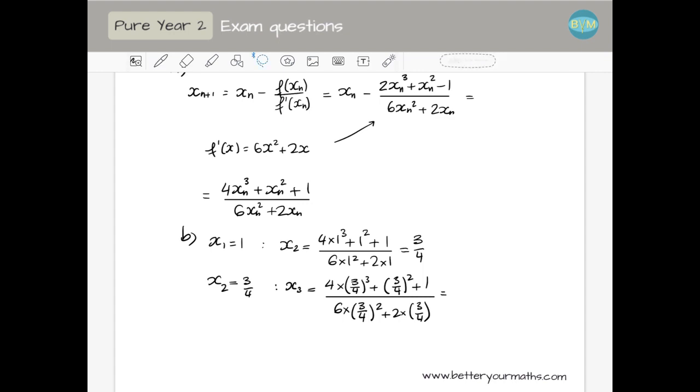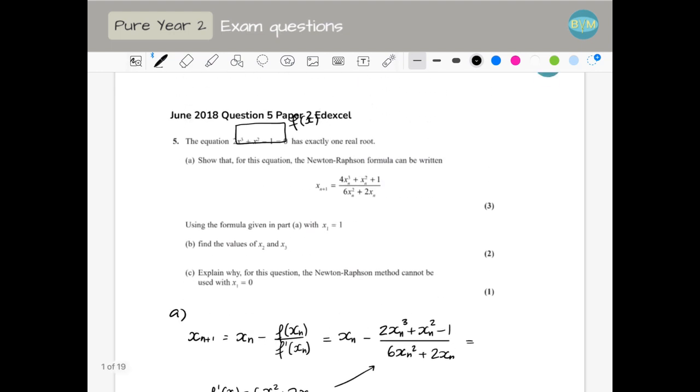This is just a calculator thing. You are careful to not make any mistakes. And this is 2/3.